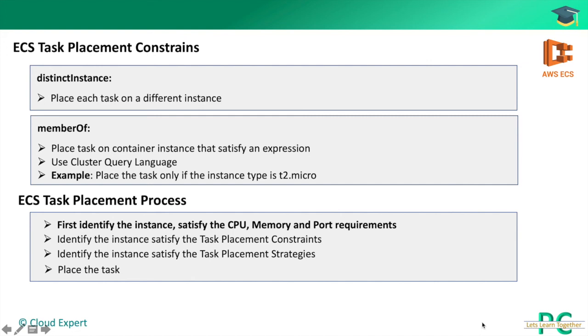Once that is done, ECS will identify the instances that satisfy task placement constraints. Then ECS will identify the instances that satisfy task placement strategies. When all three rules are satisfied, ECS will place the task on that instance.